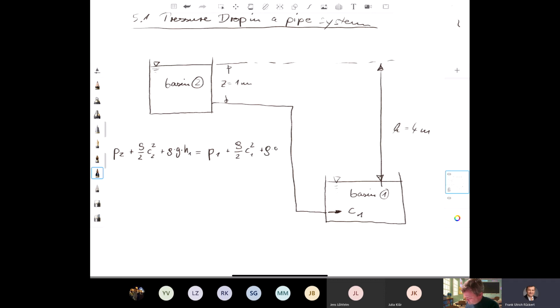Okay, but we now need an additional law. Yeah, we now need an additional law for the pressure drop, and the law was formulated in the slides. And I will open it to you.